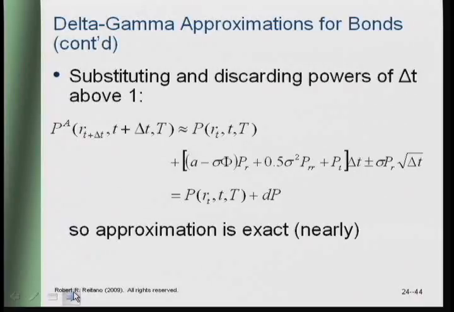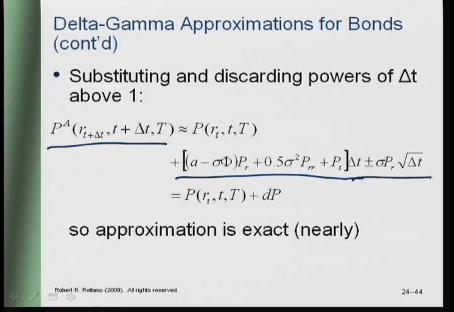And we see that the approximate formula is equal to this expression. And if we look at this, it looks as if we replace the delta t with dt's, this is effectively the initial price plus dp. Namely that this second term is effectively dp.